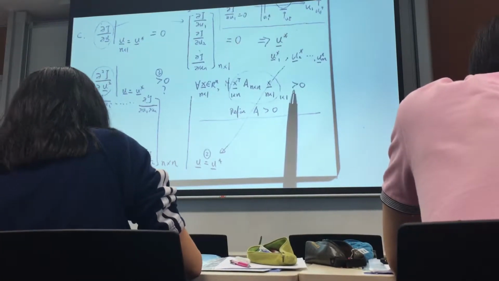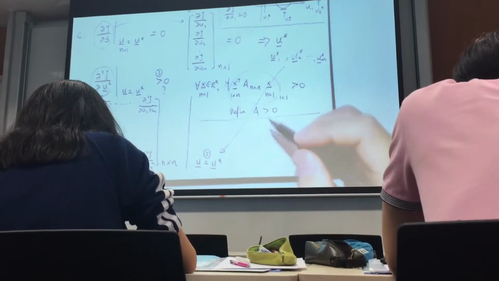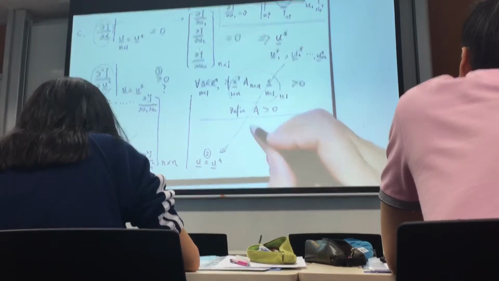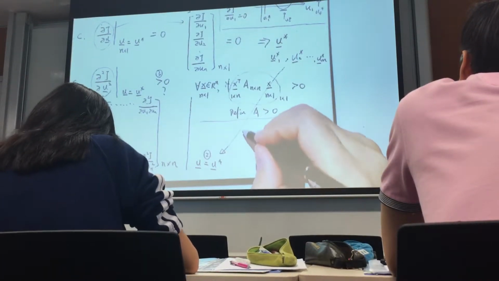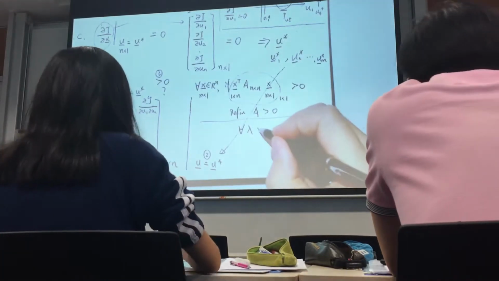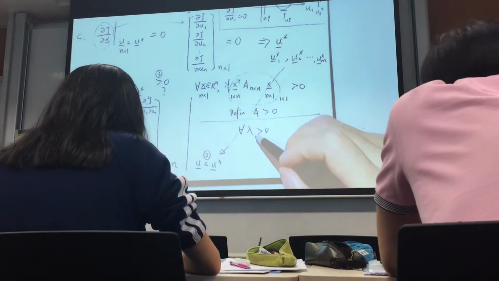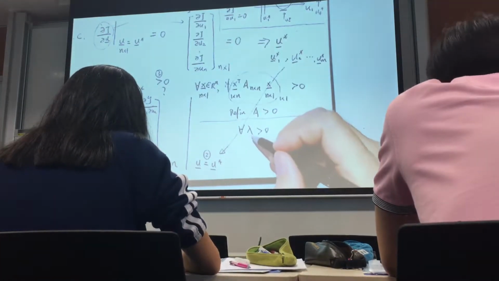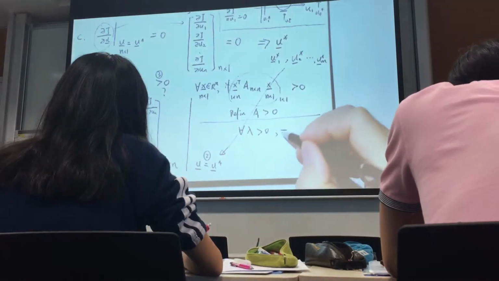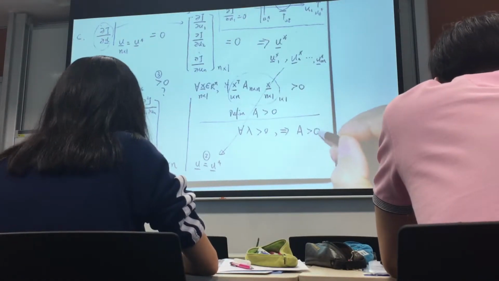The more practical way is to evaluate the eigenvalues. If all the eigenvalues are greater than 0, we can say this matrix is greater than 0.